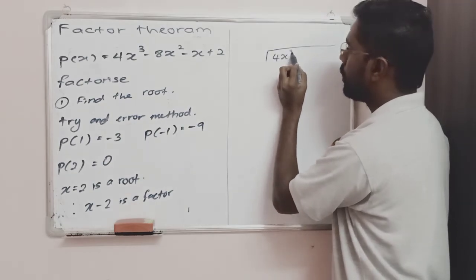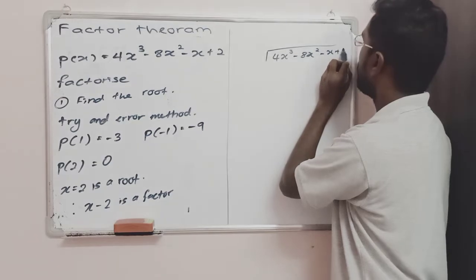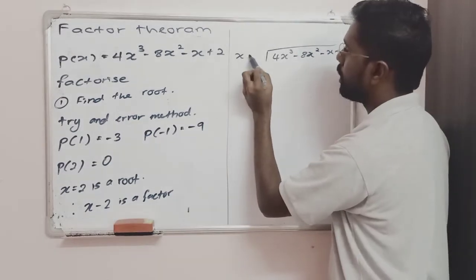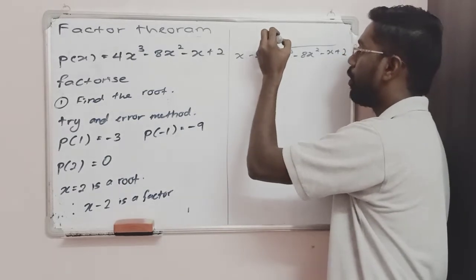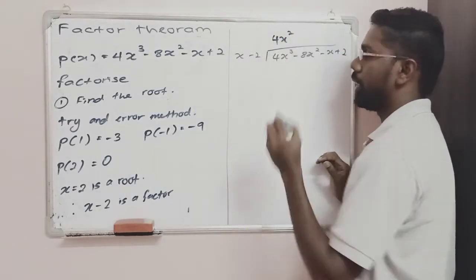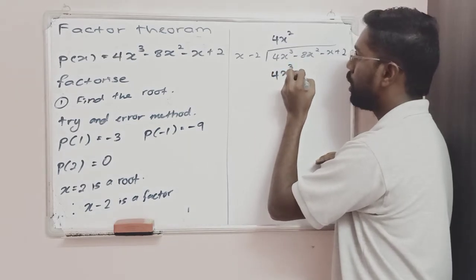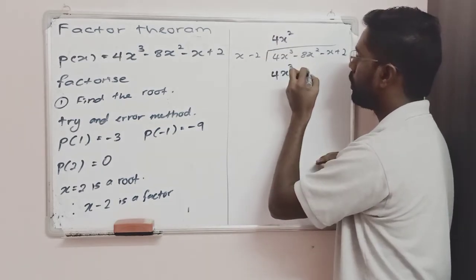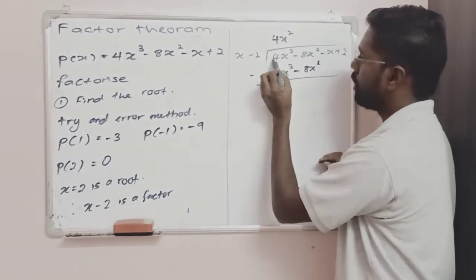So 4x cubed minus 8x squared minus x plus 2, divided by x minus 2. To eliminate the first term, I am going to multiply this with 4x squared. So it's going to be 4x cubed minus 8x squared, minus, 0.